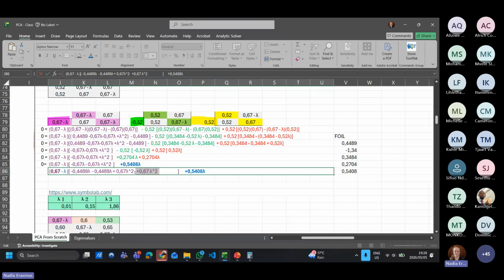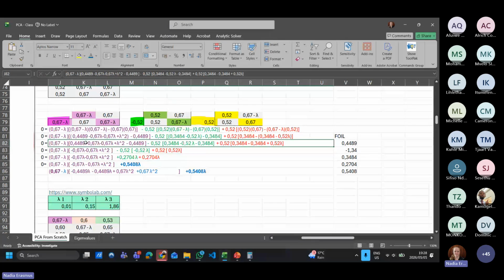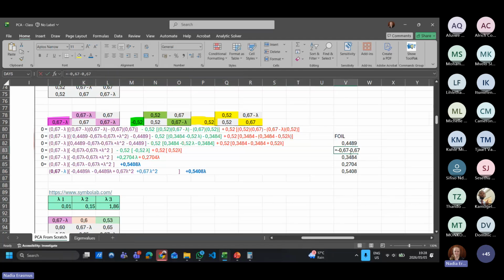Now we're working with this lambda. Then it's going to be minus 0.67. Wait, is this one? Oh, I didn't simplify this one. Did I? No, I didn't. Why didn't I simplify this one?